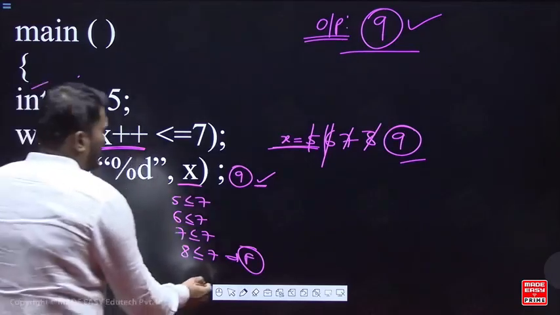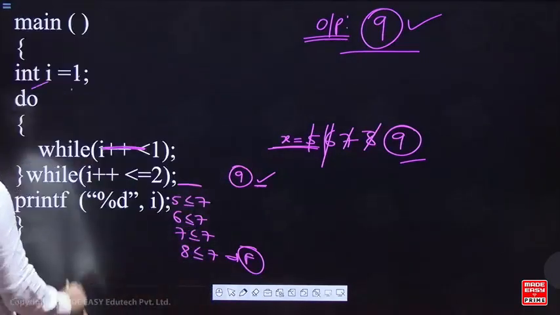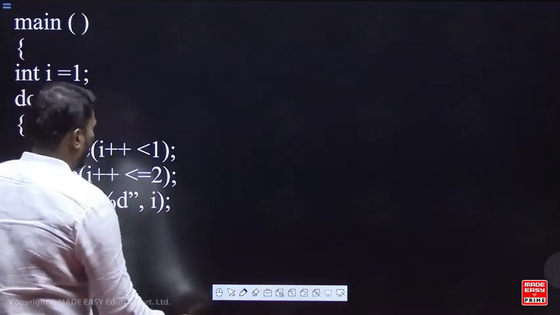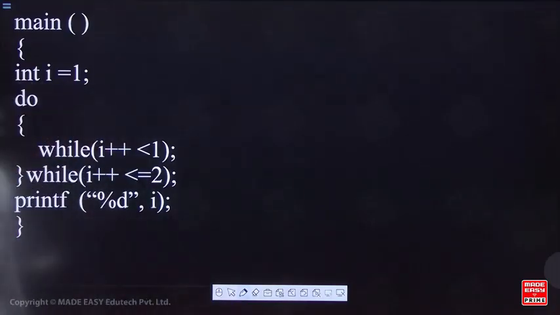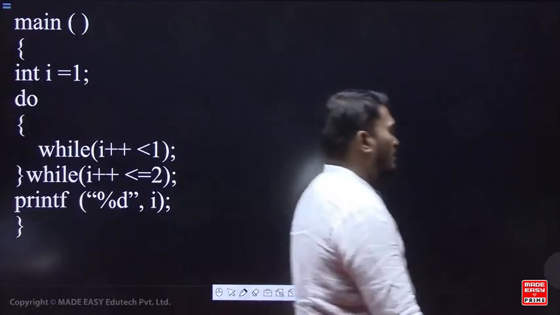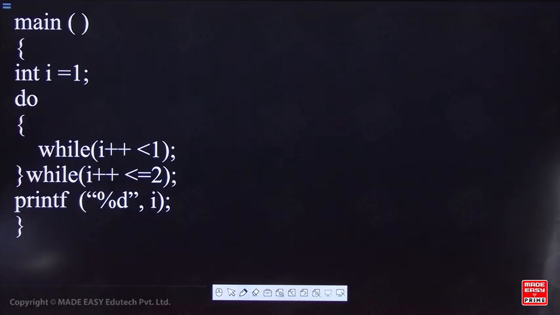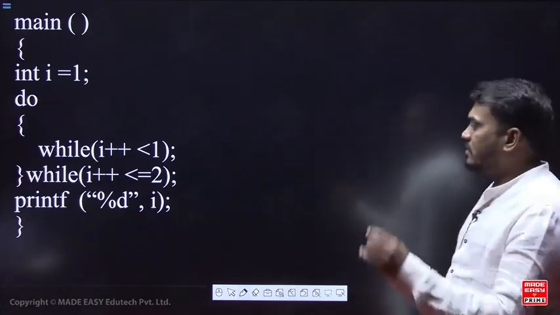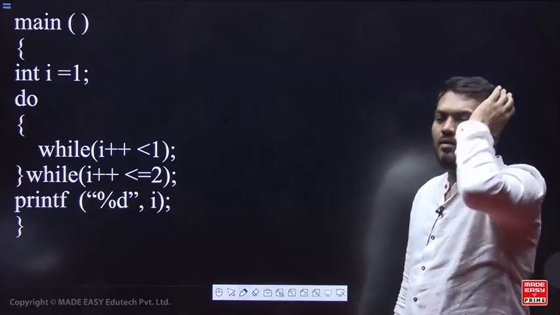Okay, so let's move on to the next question. Take the next question and try to solve. Copy this and tell me what is the output printed. Execute carefully.